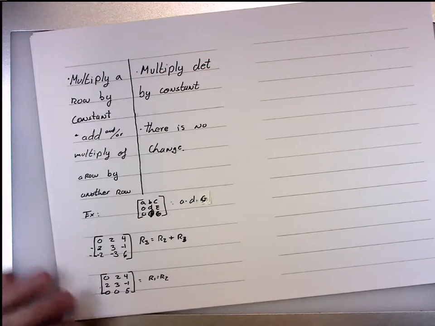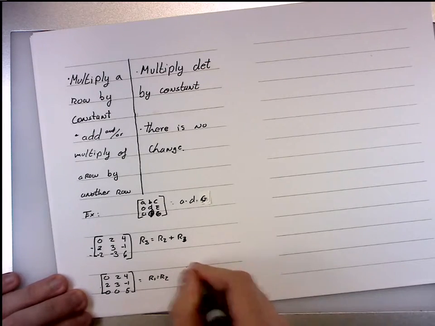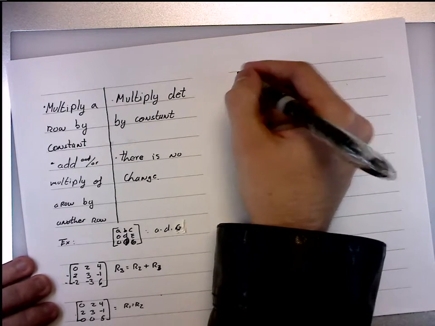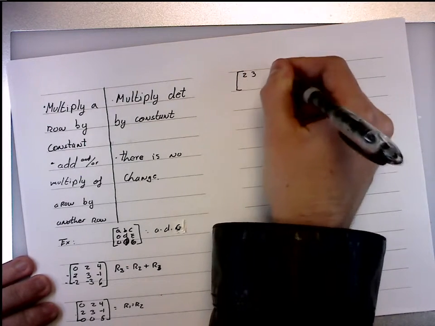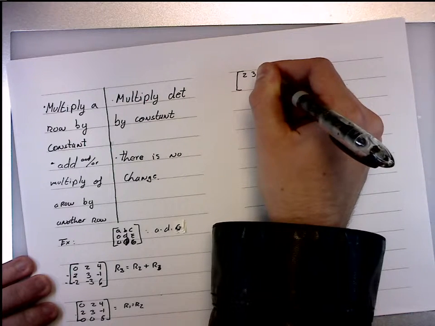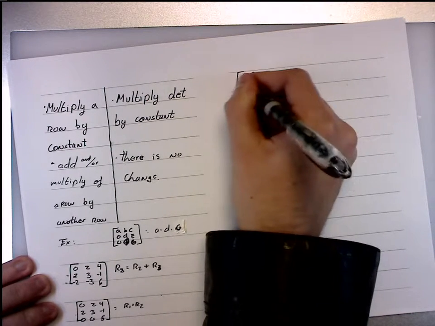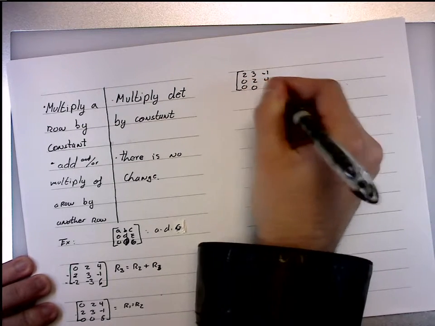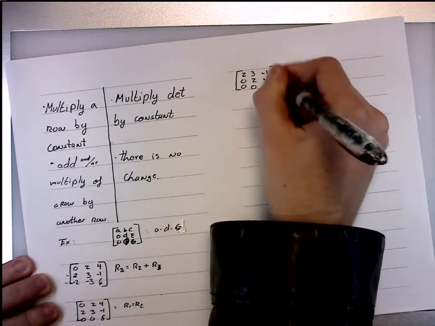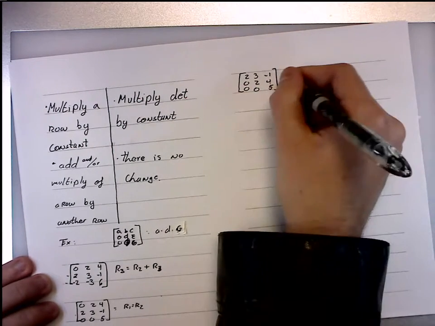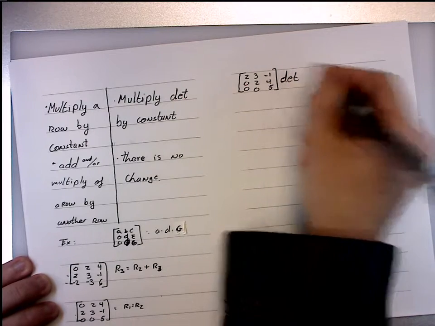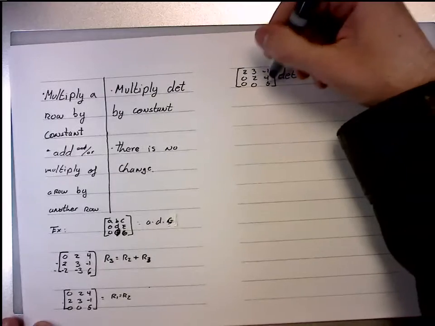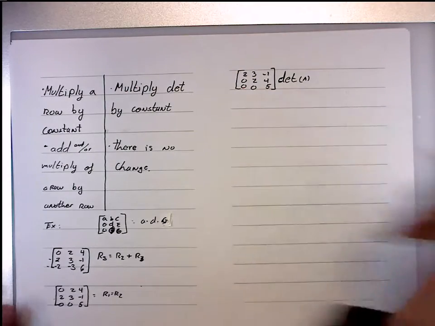So our last matrix is going to be 2, 3, -1, 0, 2, 4, 0, 0, 5. The determinant of this matrix is just the product of these 3 diagonal numbers, so it's going to be 20.